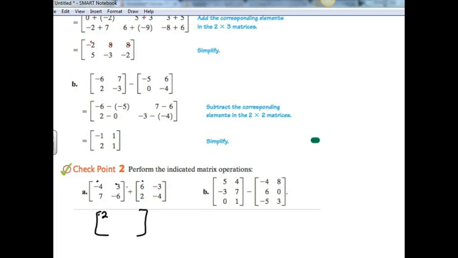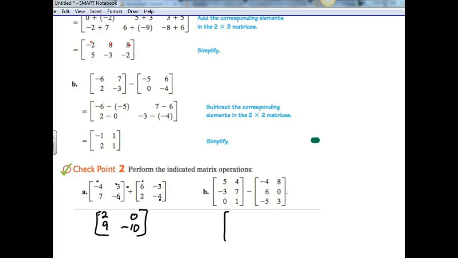Then 3 plus negative 3 is going to give me 0. Then 7 plus 2 is going to give me 9. And then finally, the last one, negative 6 plus negative 4 is going to give me a negative 10. So my final answer there is going to be 2, 0, 9, negative 10.